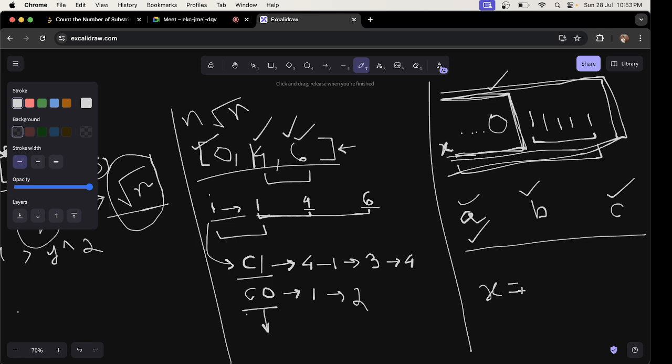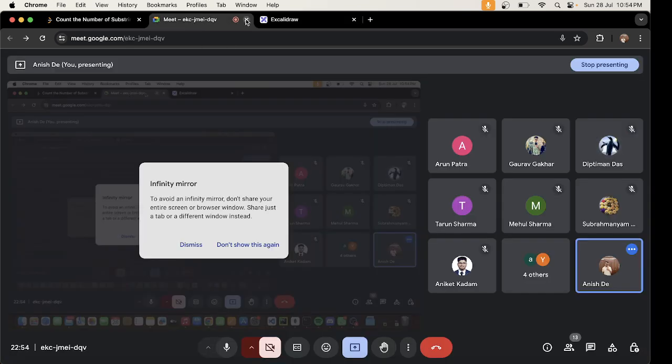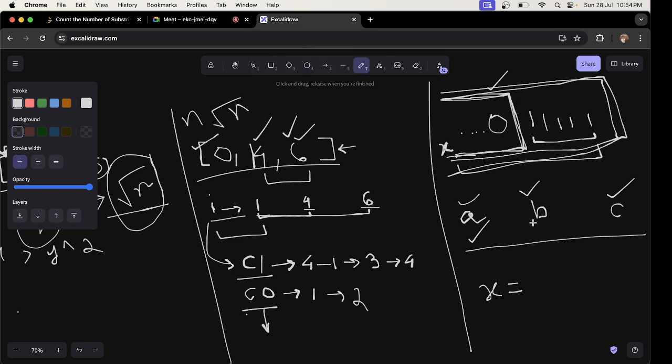If you can solve this, the whole problem is solved. Have you got the question I'm trying to ask? Yeah, got it, but just repeat it once for clarity.